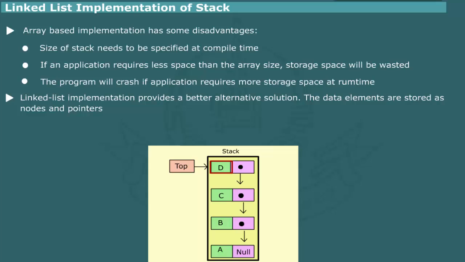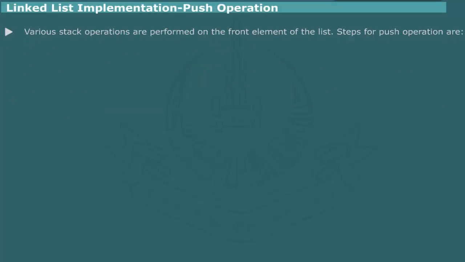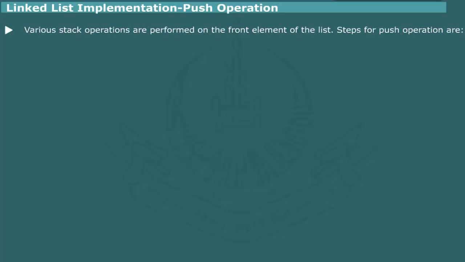The list header pointer top points to the top element in the stack. Internally, the elements of the stack are linked together using pointers. The bottom element contains a null pointer. The list-based implementation has the advantage that the stack can grow or shrink according to application needs. Various stack operations are performed on the front element of the list.